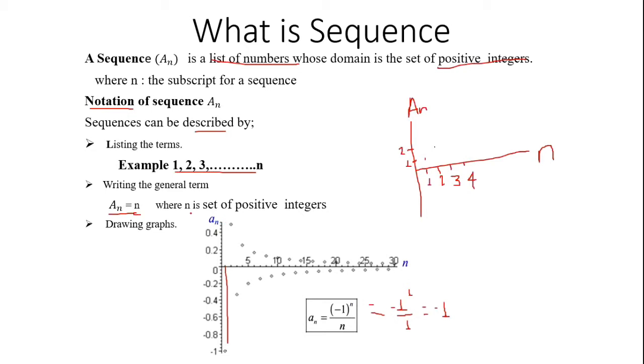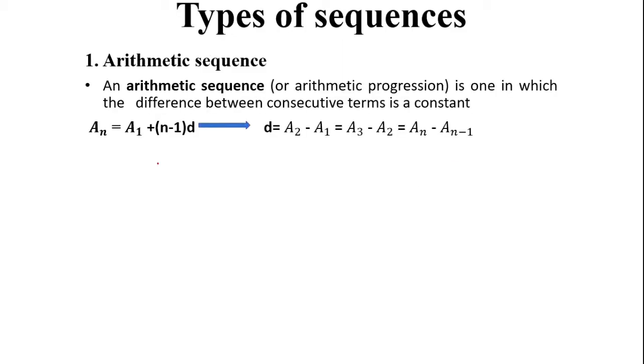Now let's see the first type of sequence, that is the arithmetic sequence. An arithmetic sequence or arithmetic progression can be defined as one in which the difference between two consecutive terms is a constant. This constant, what do we call it? The common difference d, that means the difference between two consecutive terms.